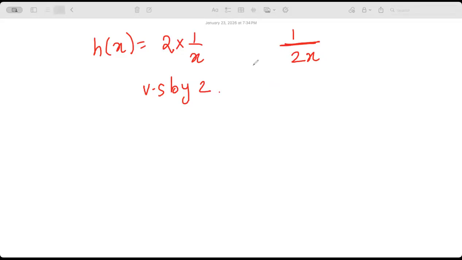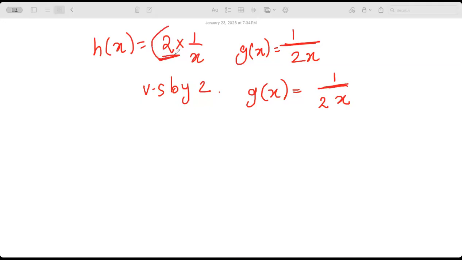See, this is the graph I asked. So this can be written as g of x is equal to 1 by x, which is your original function. When you multiply something with x, you're multiplying with your x value, and when you multiply the whole function, you're multiplying with your y value.